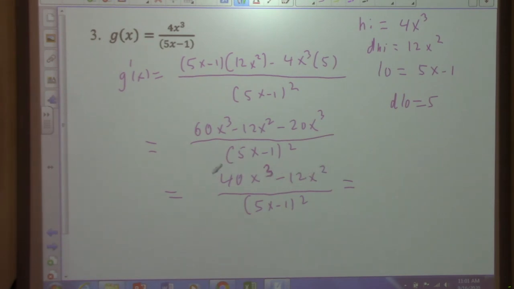We could factor out, I don't know, 4x squared, right? So if we factored out 4x squared, we would have 10x minus 3 or something like that. Does that look right? So we could do that, but most of the time it's okay even without doing that, all right?